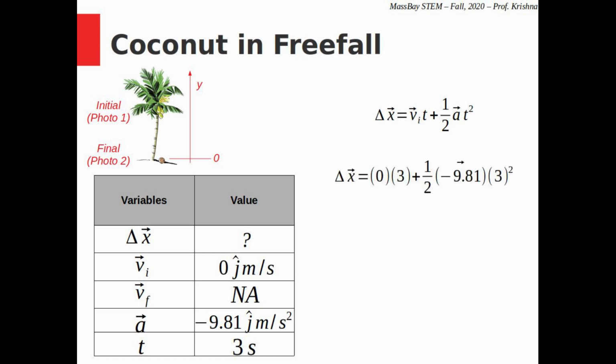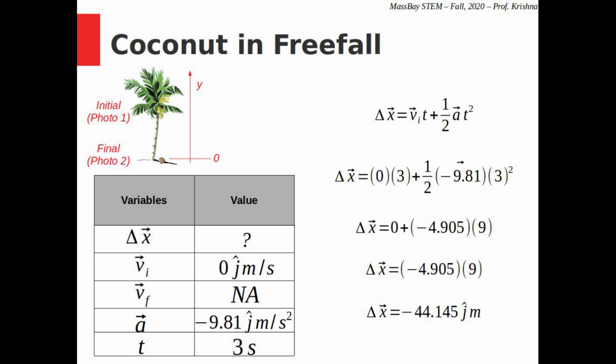V initial equals 0, acceleration equals negative 9.81, and time equals 3. 0 times 3 is 0, so that term cancels. Half of negative 9.81 is negative 4.905, multiplied by 3 squared. Solving, we get negative 44.145 meters. In other words, the coconut tree must therefore be 44.145 meters tall.